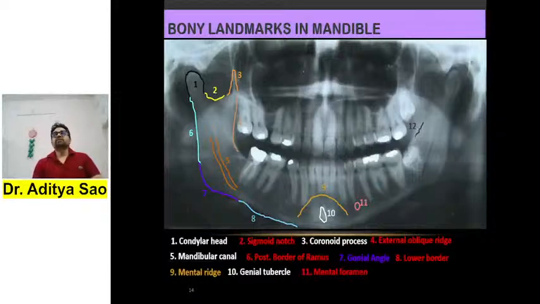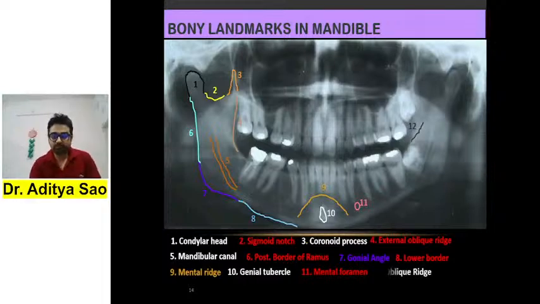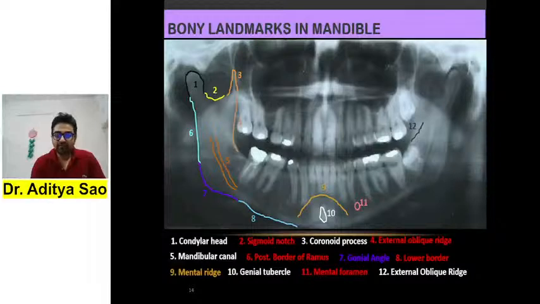In Indian population, mental foramen is seen most commonly under the lower second premolar. Number 12 is the external oblique ridge. Number 13 is your lingula.